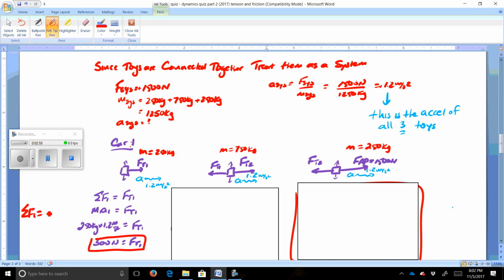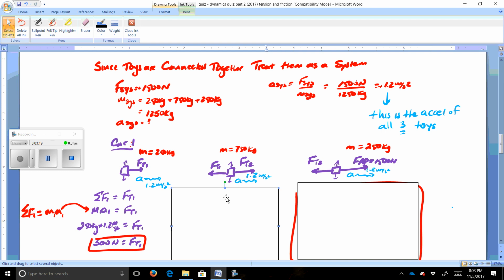F net equals ma. So the acceleration of the first object times its mass gives you my overall force, and that's exactly what I substituted in here. So in this case, my tension force is 300 newtons. Because this is the tension force in this object, that's the only overall force acting on it.